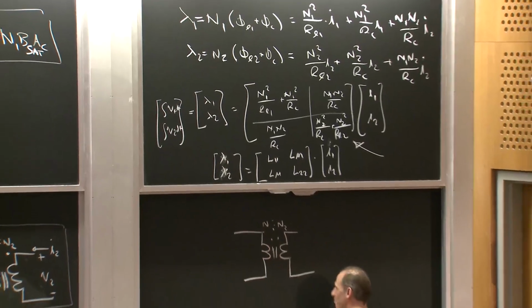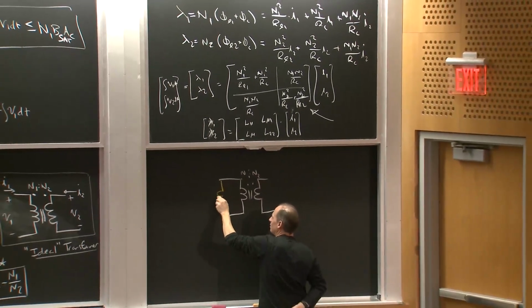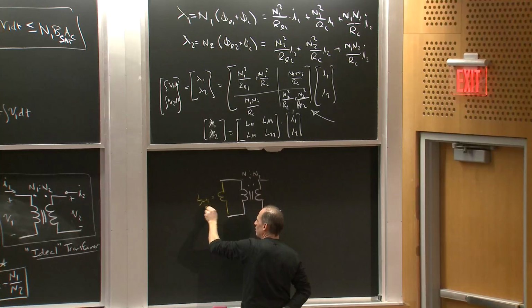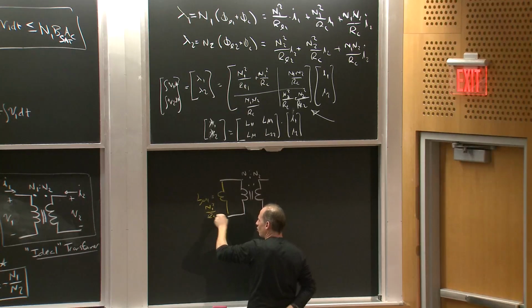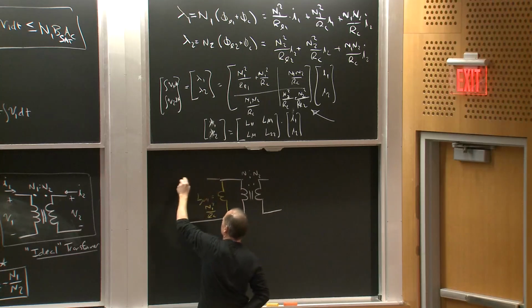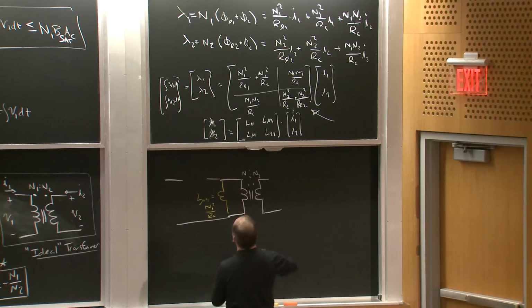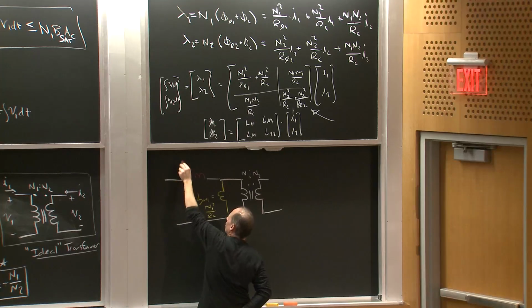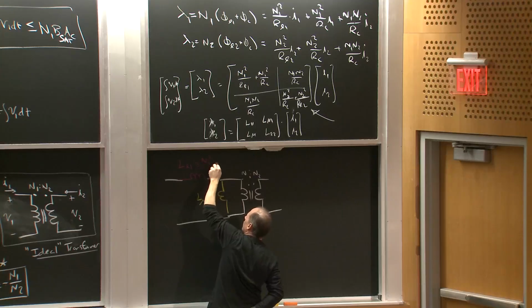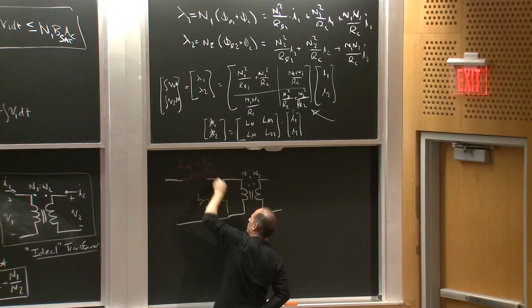So, and then I have a magnetizing inductance, L mu 1 is equal to N1 squared over the reluctance of the core. Okay. Then I have a leakage inductance that we're going to call L leakage 1, which is equal to N1 squared over reluctance leakage 1.